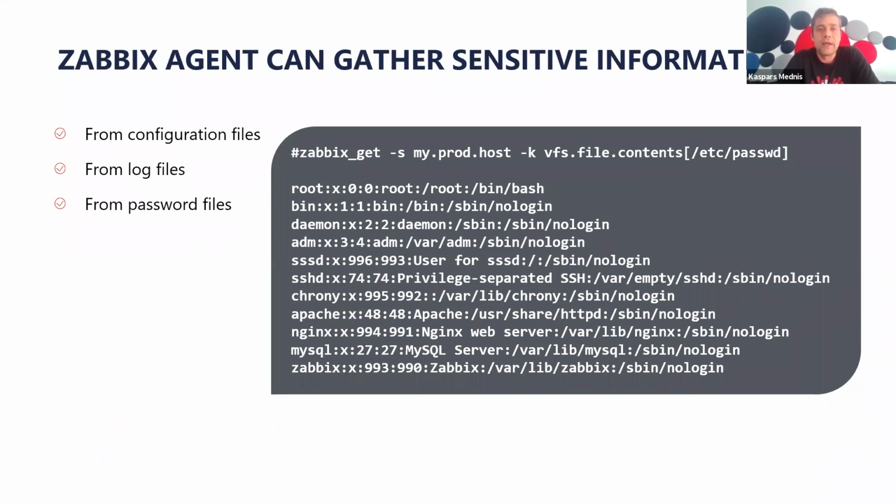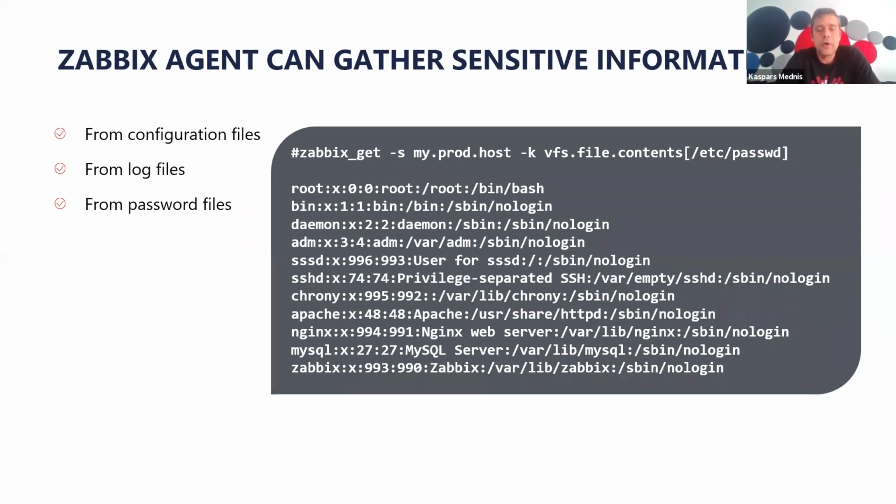And you can see, Zabbix get host is some production host, and I can easily get file contents from etc passwd, which is usually pretty unsafe. Yes, user can get a list of other users, their home directories, user IDs, and this is usually a pretty sensitive information.